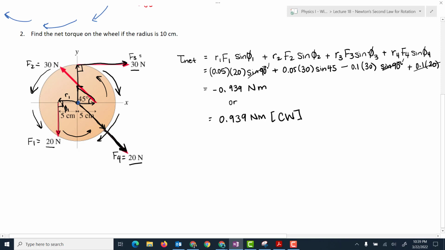So we don't need to change the axis of rotation at all. It's already at the center of mass. Remember from the last lecture that if your axis of rotation is not at the center of mass, you need to use the parallel axis theorem in order to find out what the moment of inertia is when the axis of rotation is somewhere else, where it's not at the center of mass.